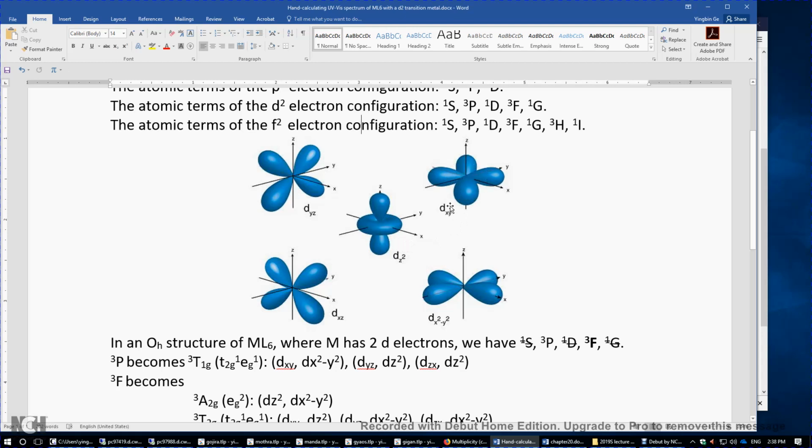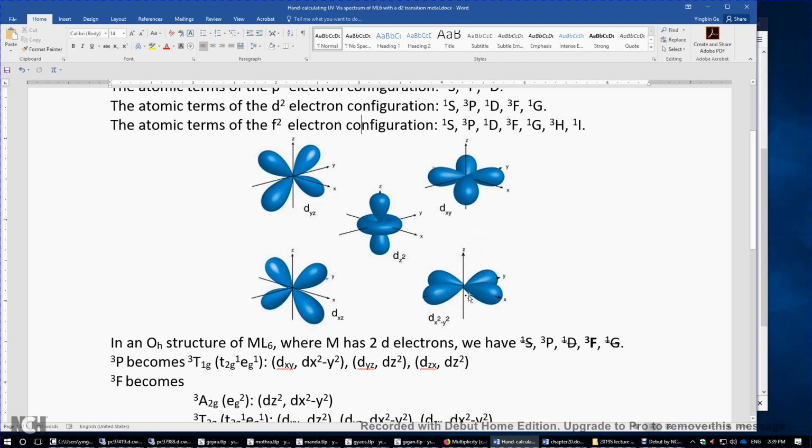Only because this dxy orbital and this dz squared orbital do not share the same plane. Similarly, if you put the 2 electrons, one in the dxy orbital, the other in the dx squared minus y squared orbital, there's a larger repulsion between these 2 electrons.